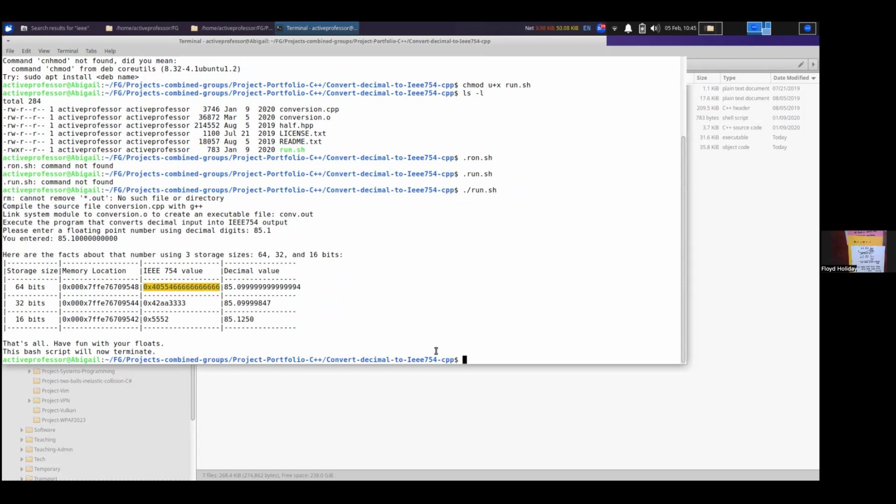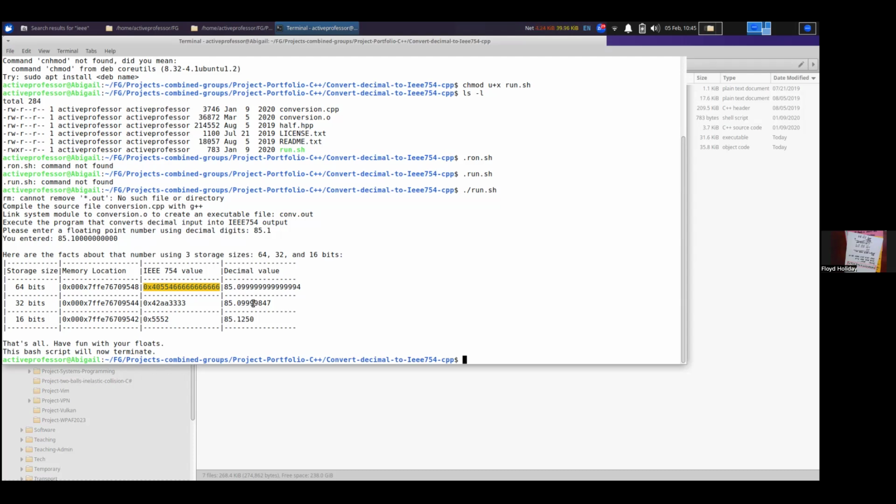Look at all those sixes. And you can't see it, but the piece of paper says 405546666666. And we did it right. That's it. Machine generated.